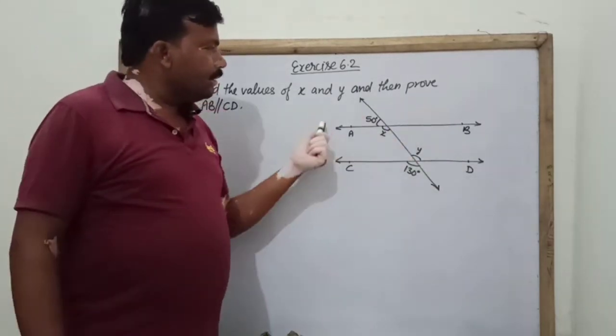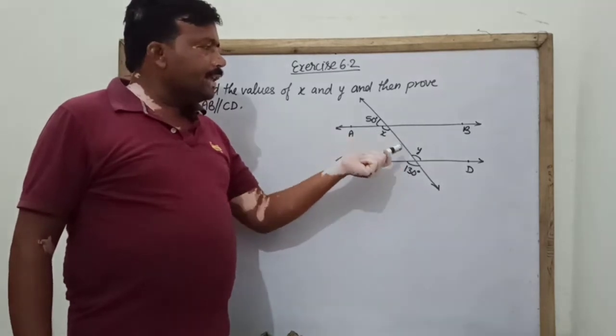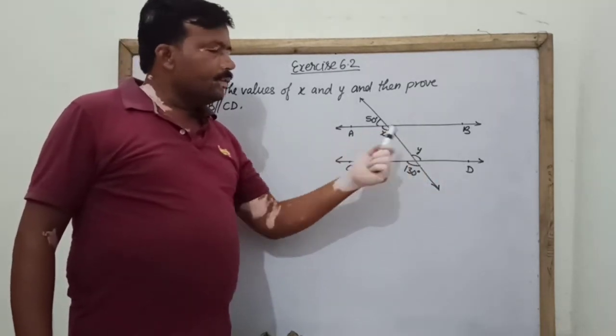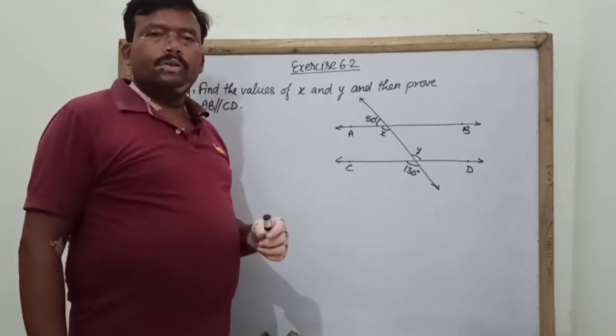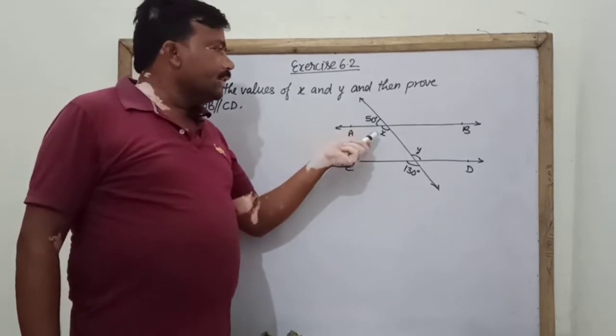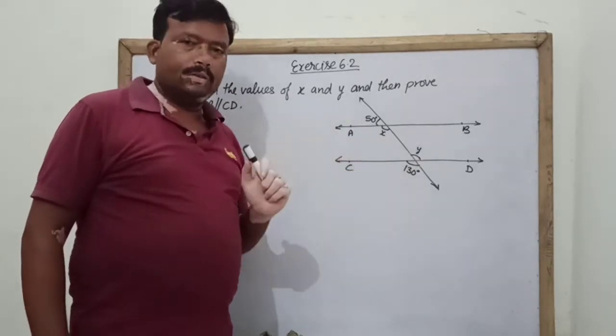This figure is given, and x and y are indicated as this angle is x and this angle is y, and these angles are given also. So first of all we have to find the value of x and value of y.